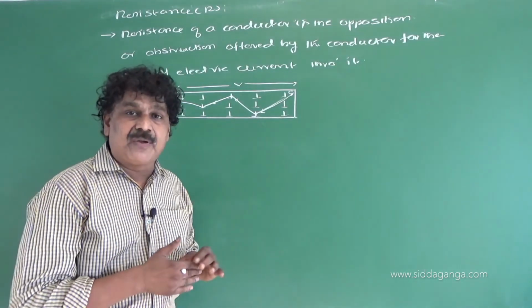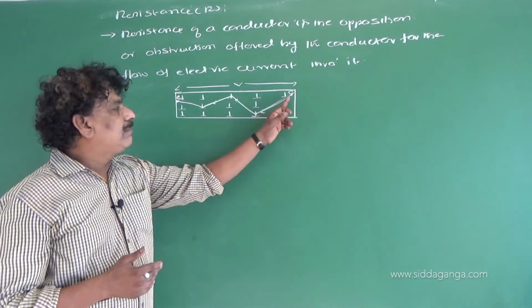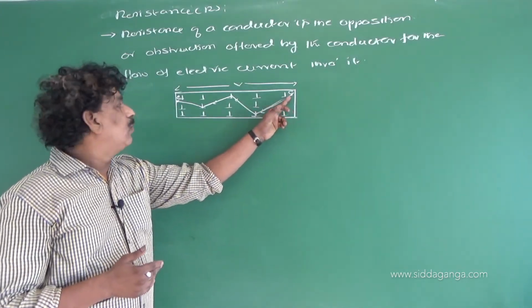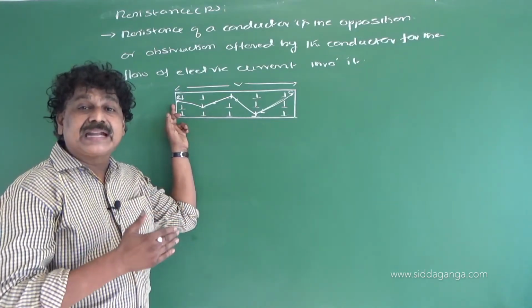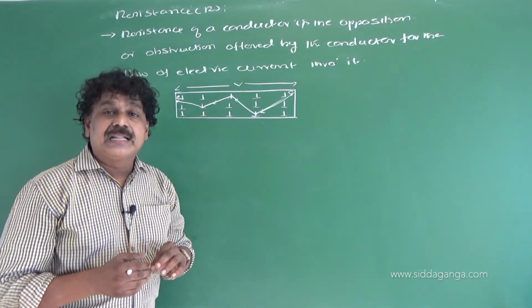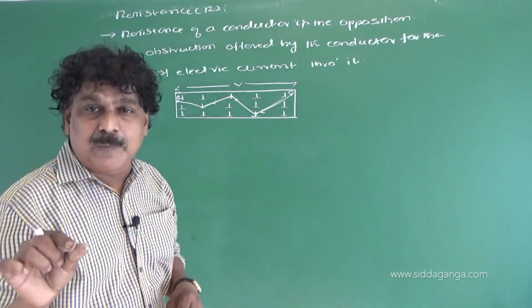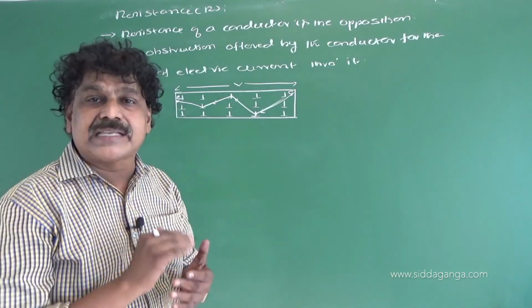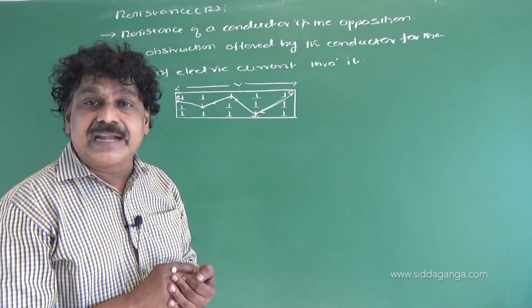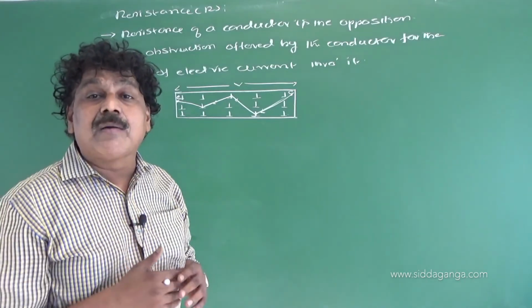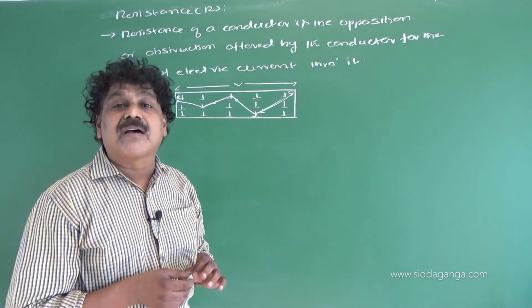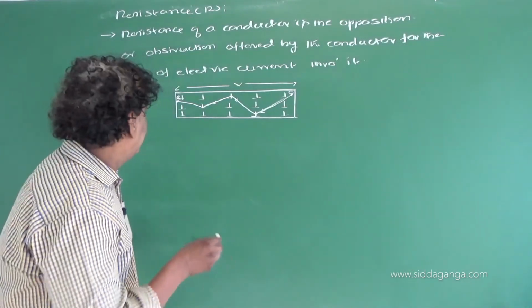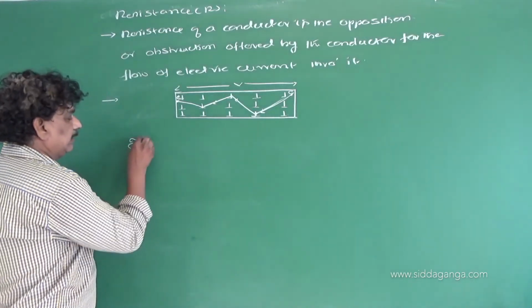Therefore, the time taken by the electron to move from one end of the conductor to the other end increases. Now, as we know that I is equal to Q by T, as T increases, current decreases. In other words, there is an obstruction or opposition offered by the conductor for the flow of current through it.